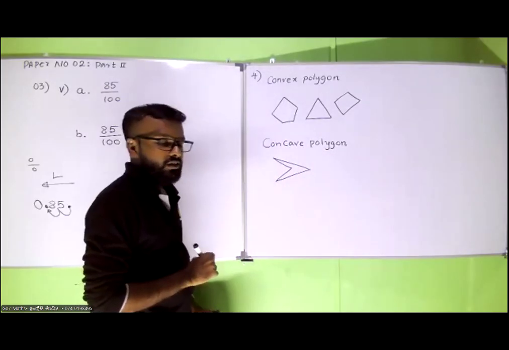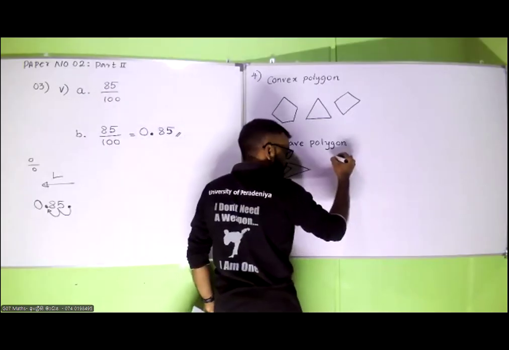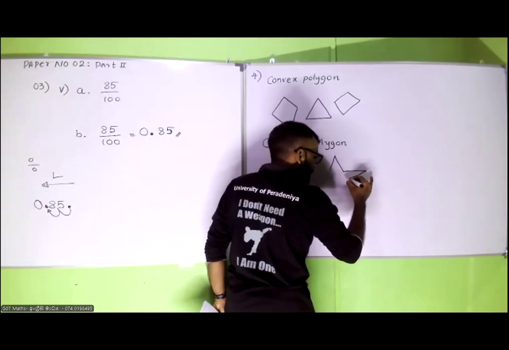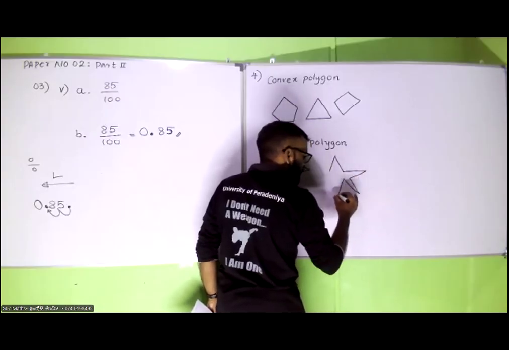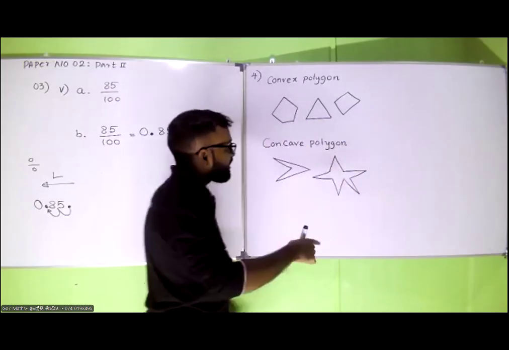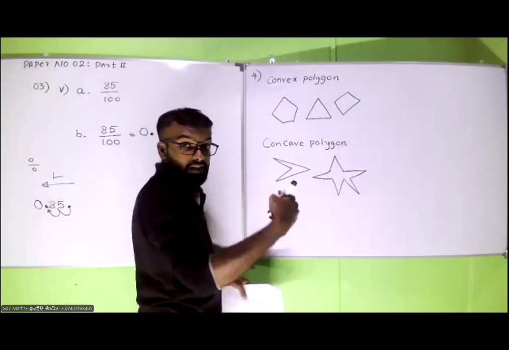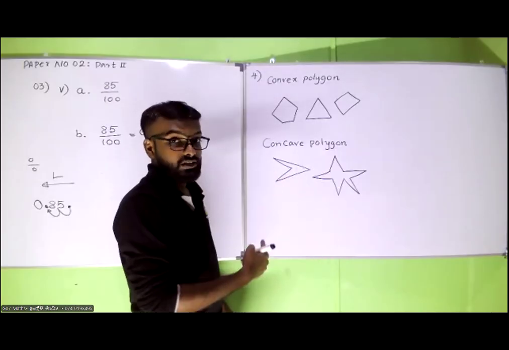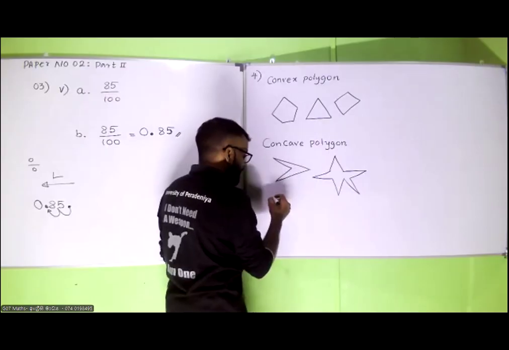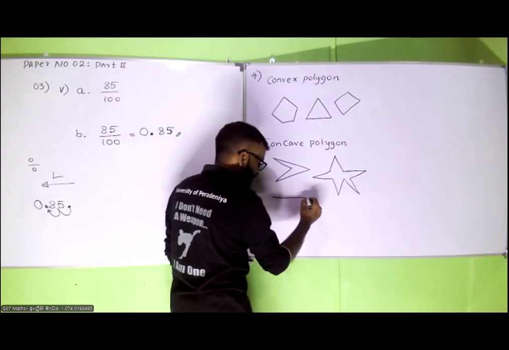Convex polygon. And then concave polygon. Everywhere there are a lot of caves inside the polygon, right? And a flag.